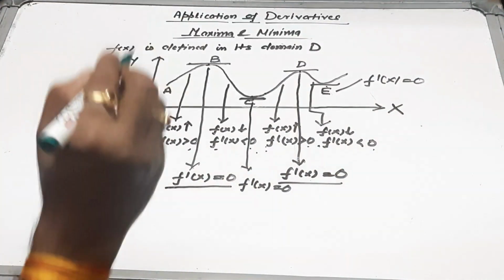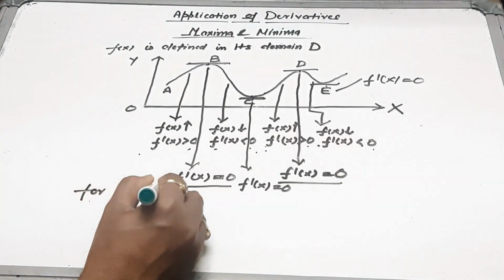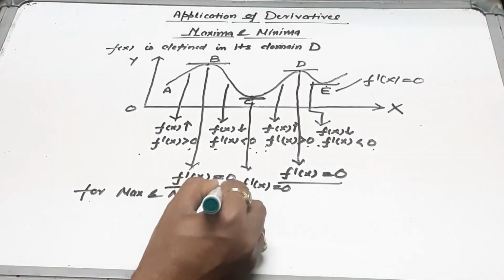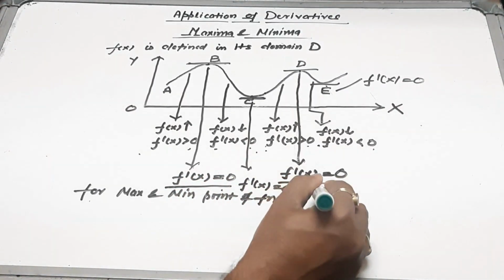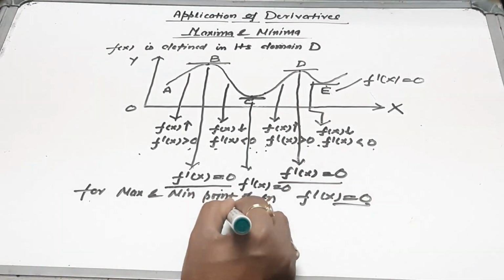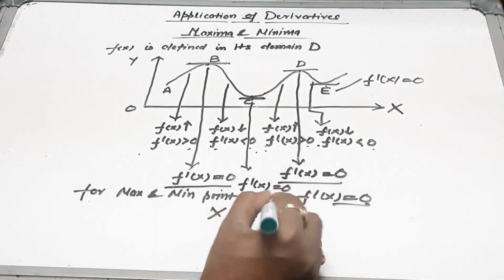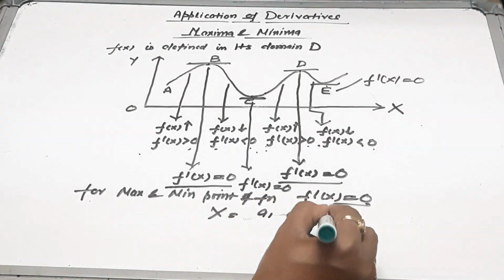Means what? What is the conclusion? For the maxima and minima points of a function, what is the condition? You have to put f'(x) equal to 0 and you will get some values of x. Suppose you got values of x as a1, a2 and a3.